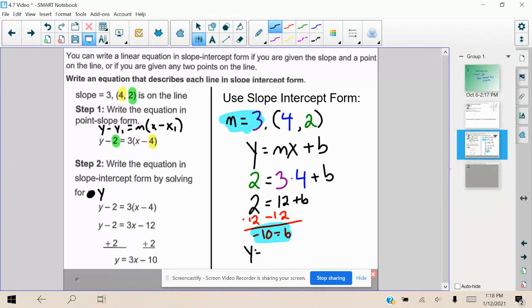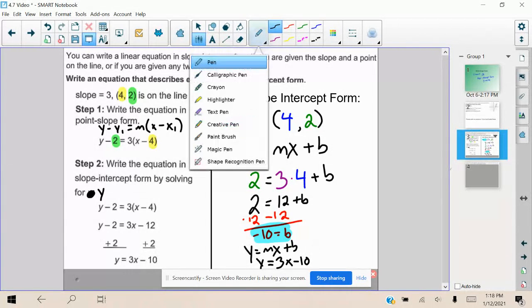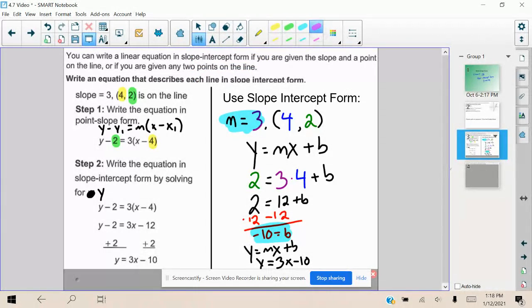So it was y equals mx plus b, and now it's y is equal to 3x minus 10. And notice, it's the exact same answer as we got on the left-hand side.